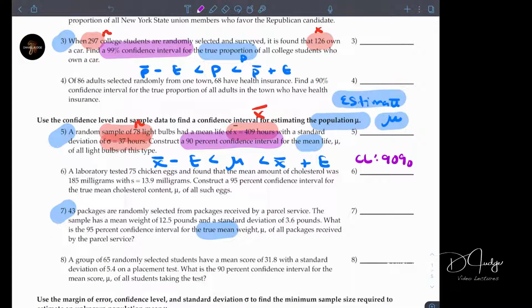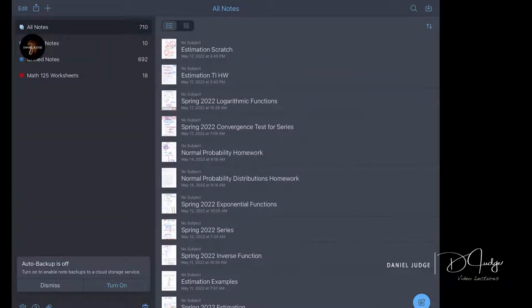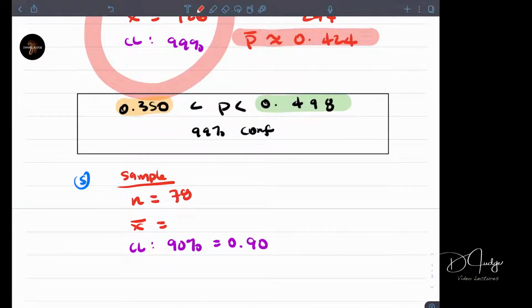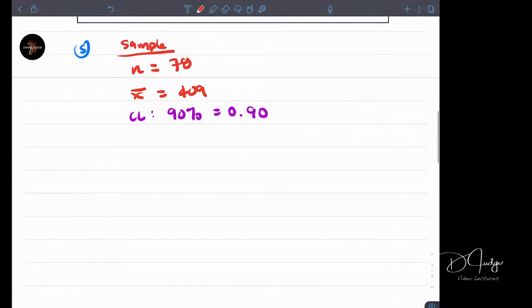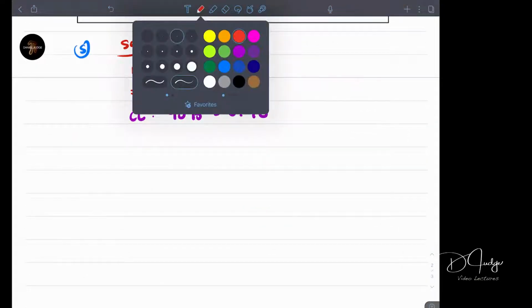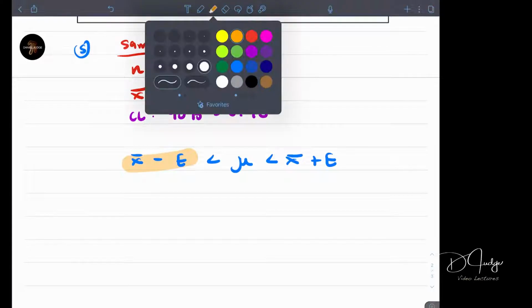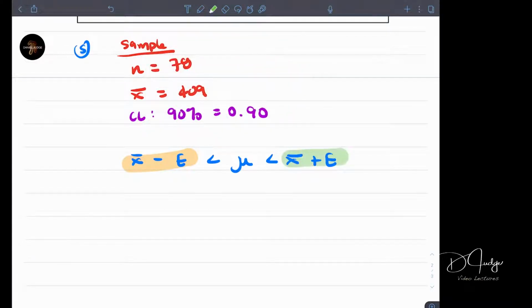Sample size is 78, and the mean is 409 hours. Now remember, the format is the sample mean minus your error, less than the true mean, less than the sample mean plus your error. Remember, we're trying to get a lower bound value and an upper bound value.